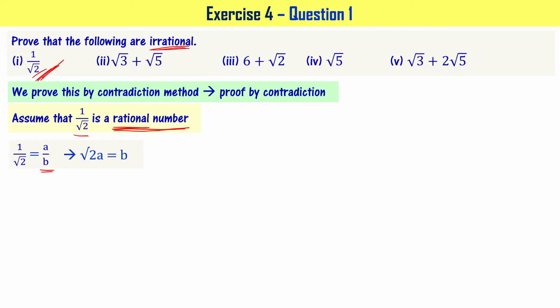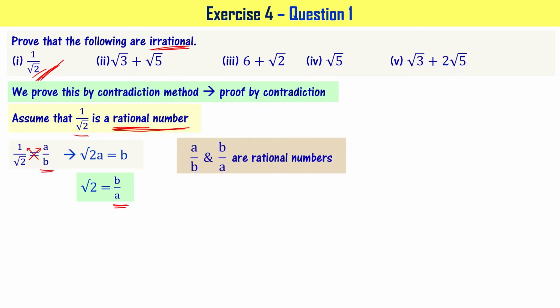If I rearrange this, if I take cross multiplication of this particular equation, then what I get is root 2 times a equal to b. I can rearrange this such that I can write it as root 2 equal to b by a. We said that a and b are integers. It means b by a is also a rational number.